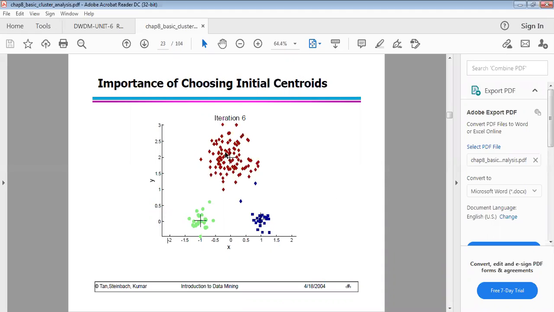For the green points you represent this as the centroid, and for the blue points you represent this as the centroid. Now you have to find the distance from the centroid to that particular point, and whichever is the nearest, you represent it as one cluster.